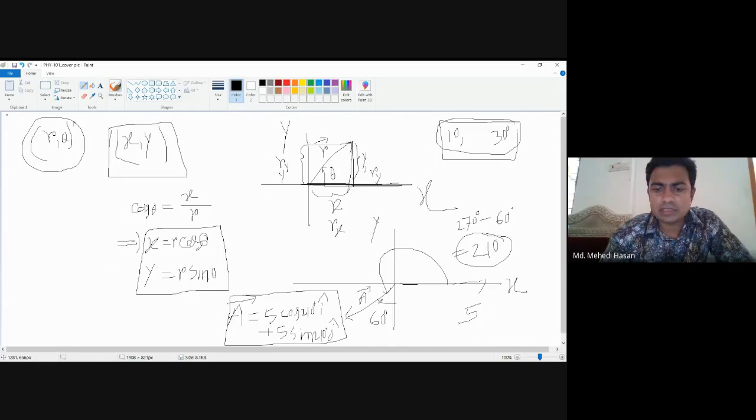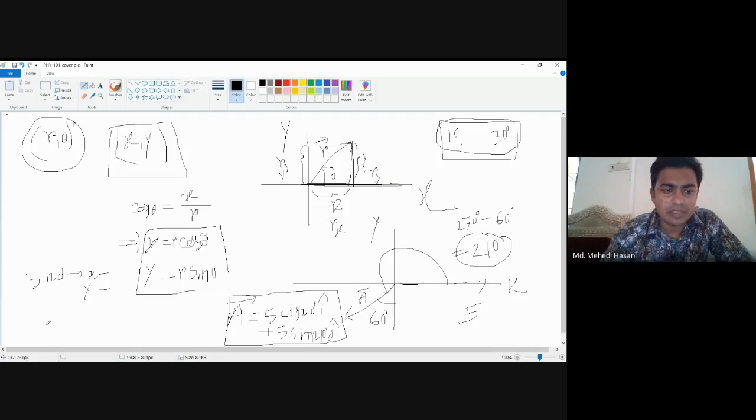Another way is here. We know that in the third quadrant, x is negative and y is also negative. So x negative, y negative. And here vector A produces a 60-degree angle with the negative y-axis.